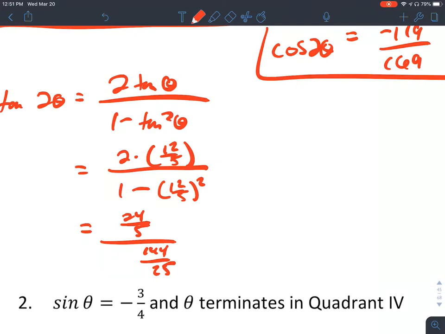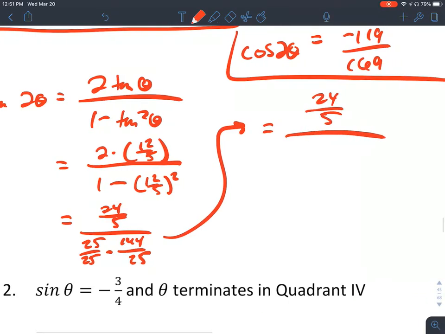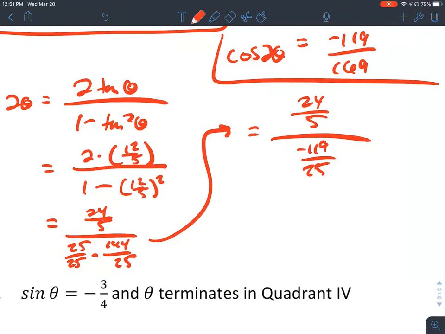I can change this 1 to 25 over 25 if I want to get common denominators. It's going to give me 24/5 divided by, if I subtract 144 from 25, I'm going to get negative 119/25. It's a complex fraction.